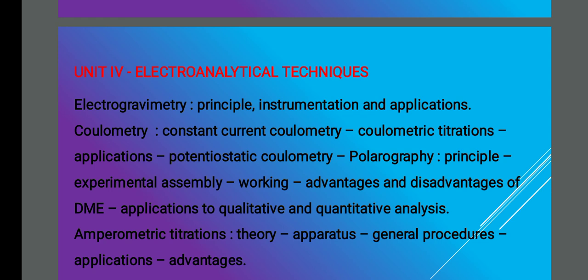For today's class we are going to see the continuation of coulometry. In coulometry we have seen constant current coulometry, and now we are going to see controlled potential coulometry, or as it's otherwise called, potentiostatic coulometry. We have seen the principle behind this potentiostatic coulometry, and now we are going to see the apparatus setup.